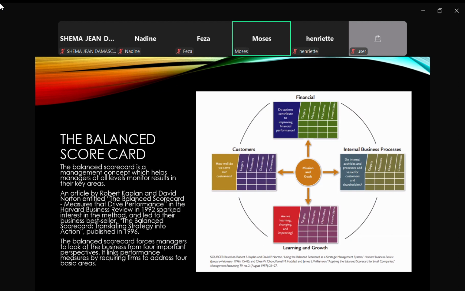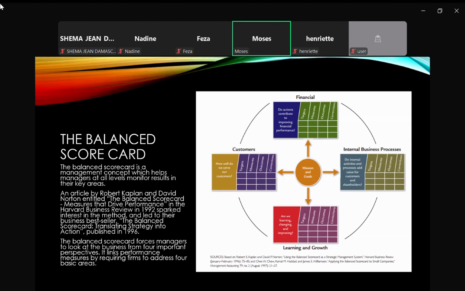Something else that you might get in your examination is the balanced scorecard. The balanced scorecard is an attempt by 2 researchers, Robert Kaplan and David Norton, to assess the performance of the company in ways other than financial.